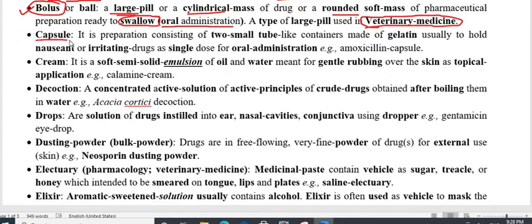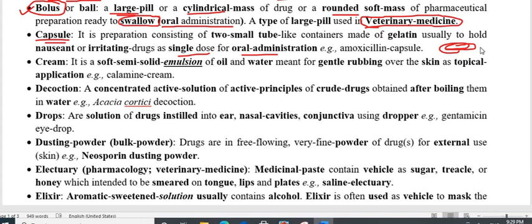I think every person has to go through this capsule and has seen. So capsule are usually the two sheet that is made up of gelatin that is get melted in the GI tract. So capsule are two sheet or tube in which the drug are kept, usually in globule or powder form, and used for oral administration as a single dose.